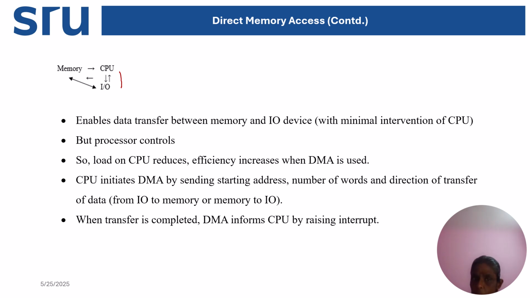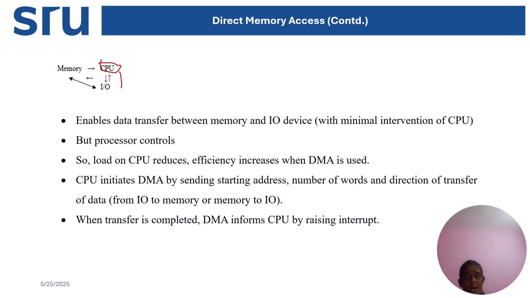But now, just because of the DMA controller, we can transfer the data to and from memory to IO. So both bidirectional, IO to memory and memory to IO, bypassing the CPU. That is the main point here.